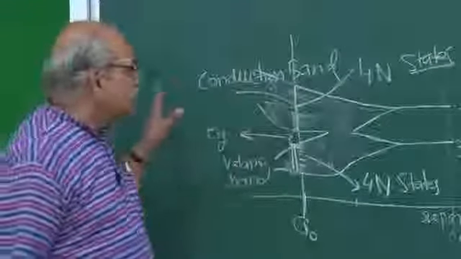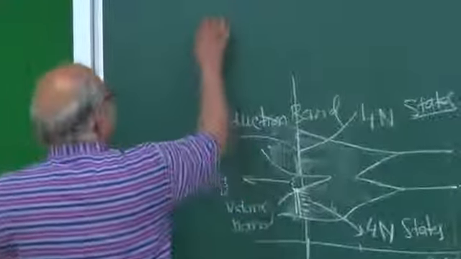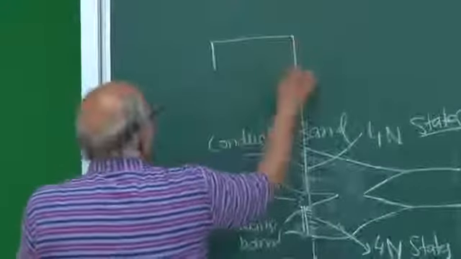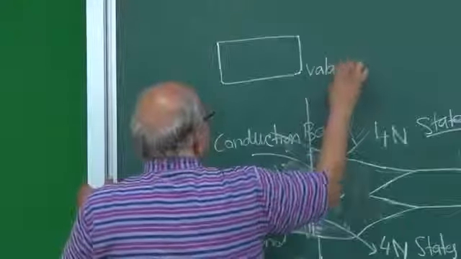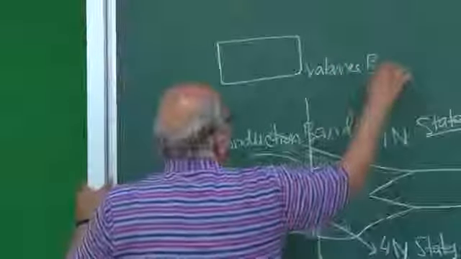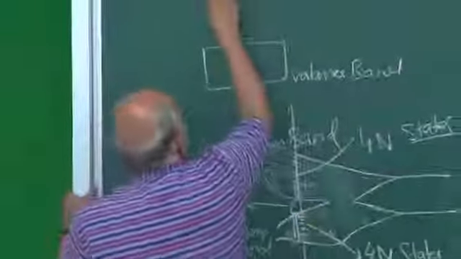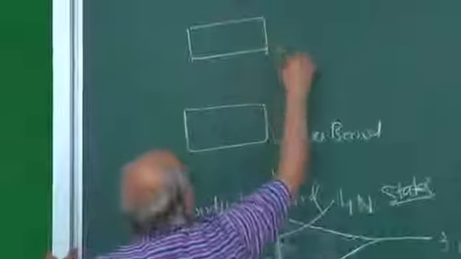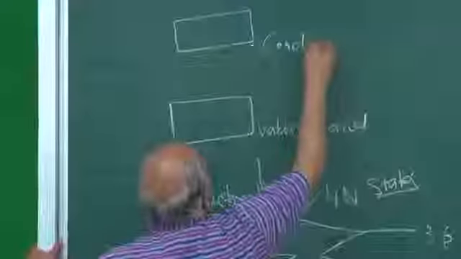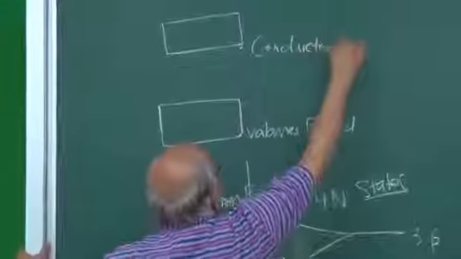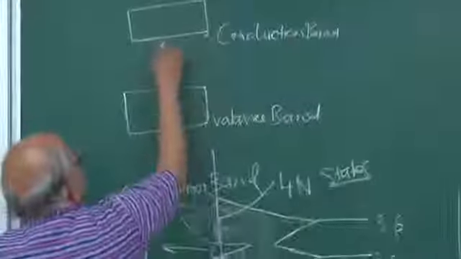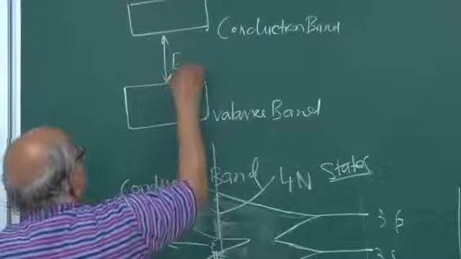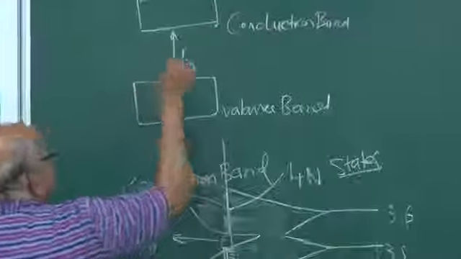So in our usual picture we show, this is your valence band, and then this is the conduction band. This is the band gap, and that's it.